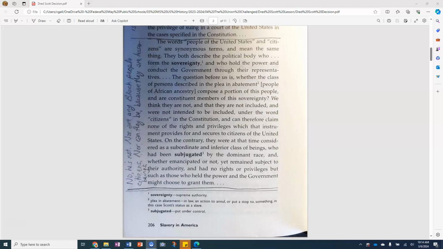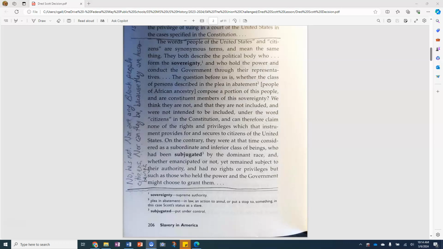All right. So the words people of the United States, and I'm back on the text now, and citizens are synonymous terms and mean the same thing. They both describe the political body who form the sovereignty and hold the power and conduct the government through their representatives.